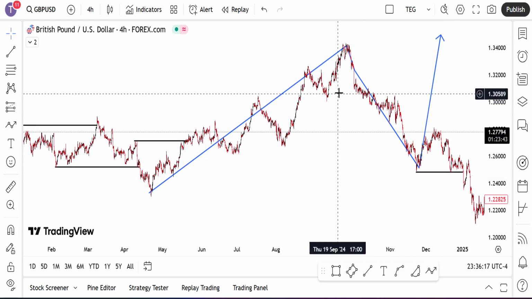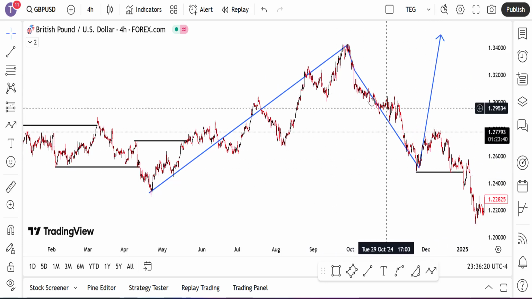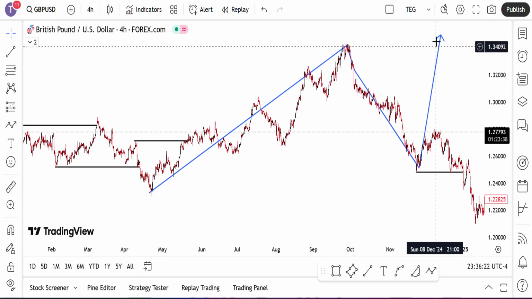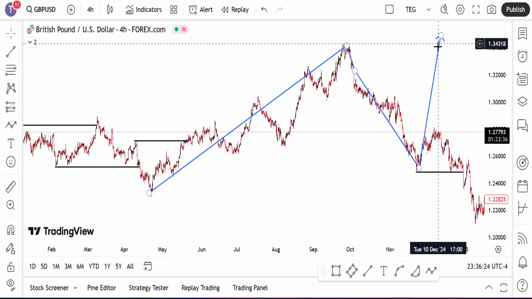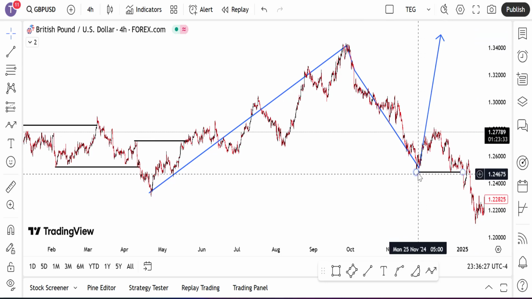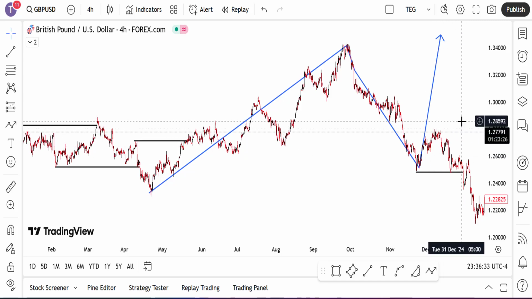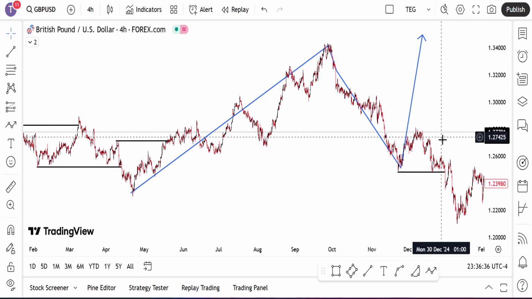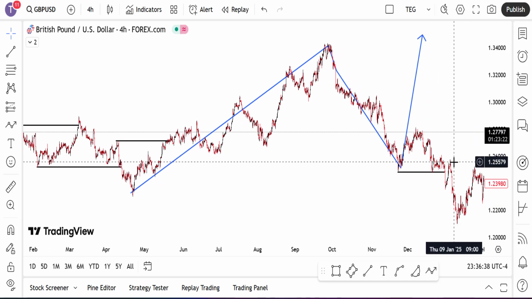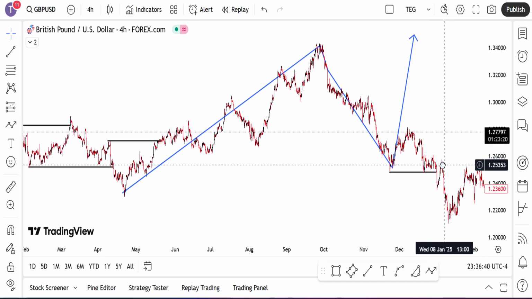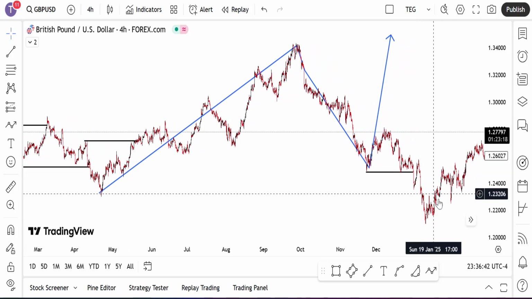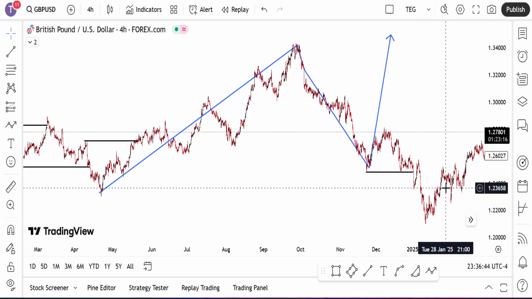So just like that, price tried to continue our structure, but it could not. What happened? Price takes out our long-term swings. Remember, this will now become our long-term swing highs. So this is what I'm trying to say. Now, we keep on looking. Look at this scenario.